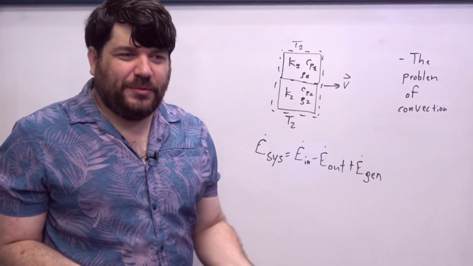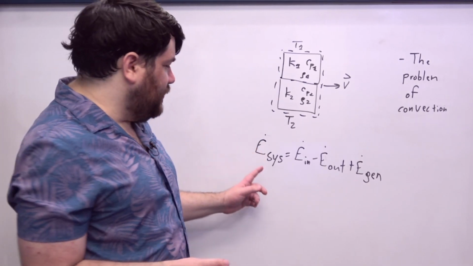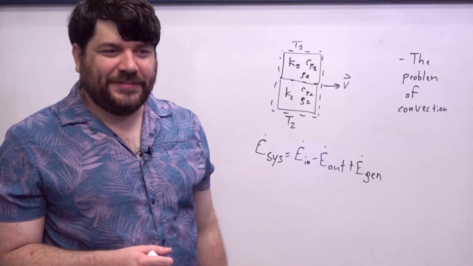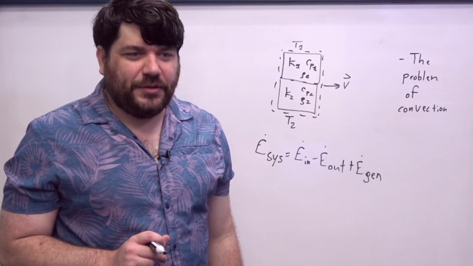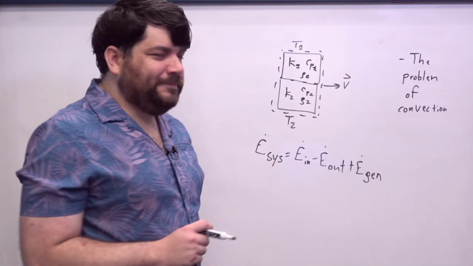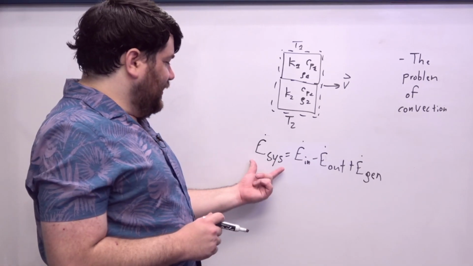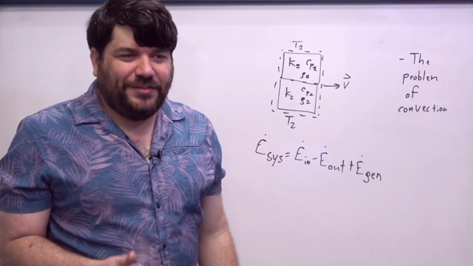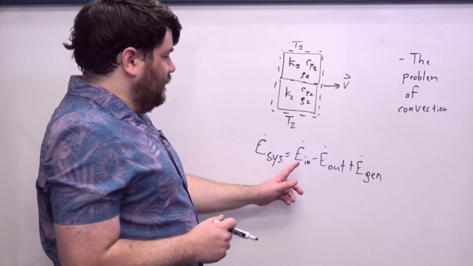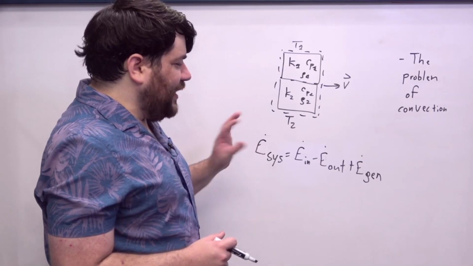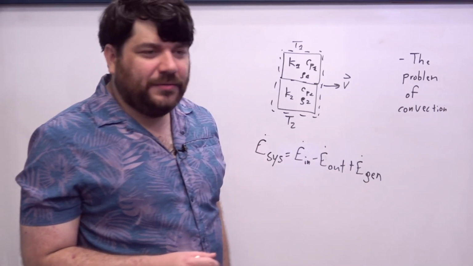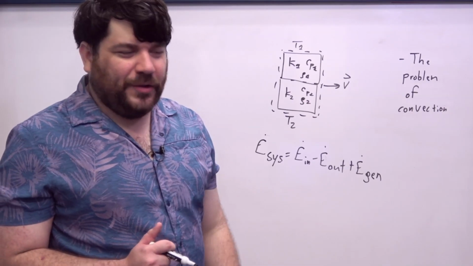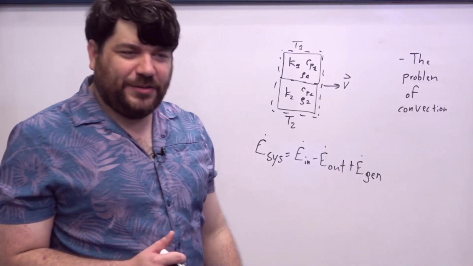But every single time that we've been doing this, the only energy that we care about is the thermal energy, whatever that expression is. The only thing that's changing is the thermal energy. And so I can directly relate changes of temperature in time to flows of thermal energy in or out of the boundary and how much is being generated.